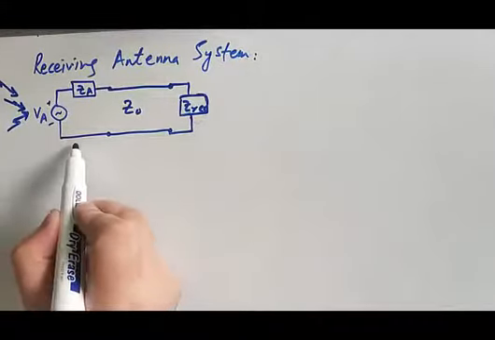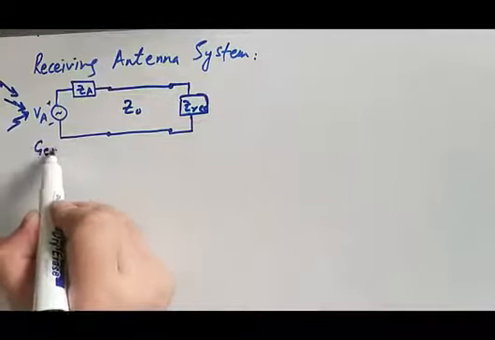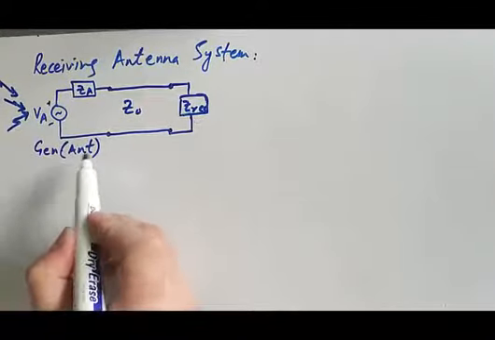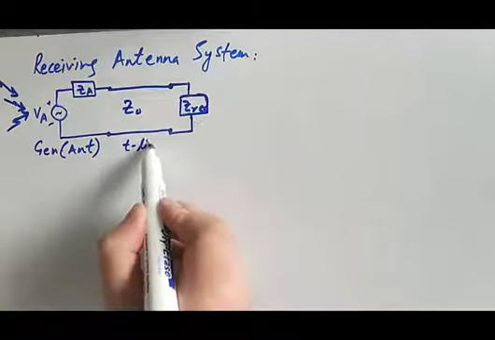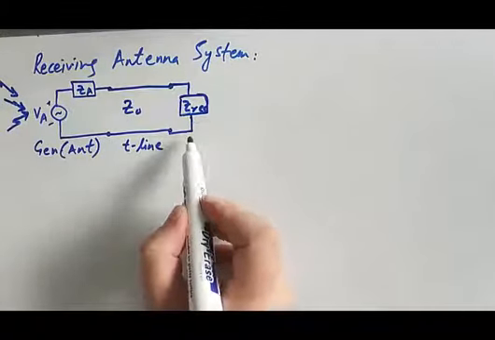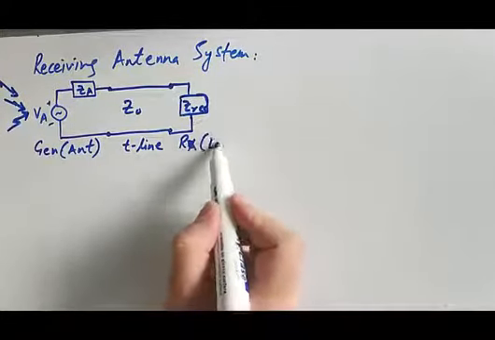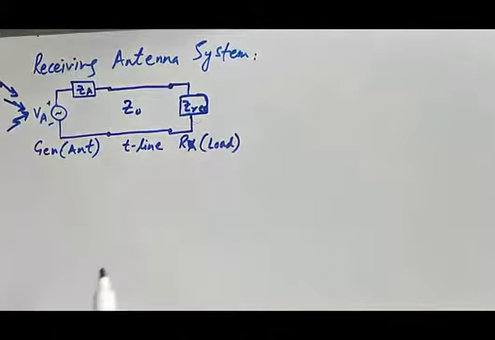So the antenna at the moment is acting as the generator, and then we have the transmission line, and then we have the receiver, and this receiver is acting as a load for the whole system.